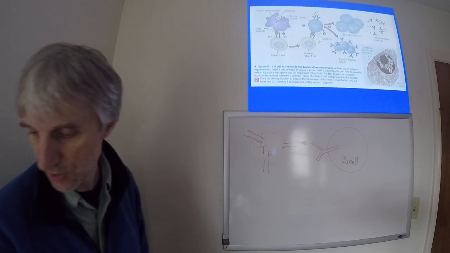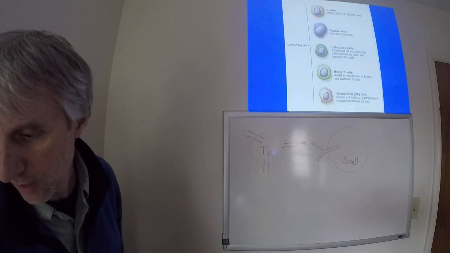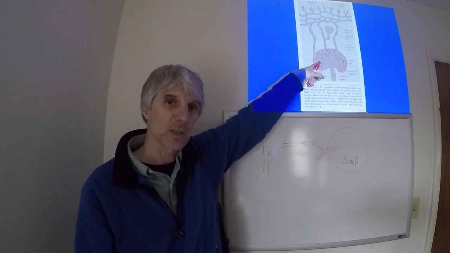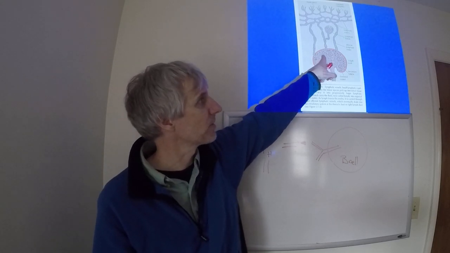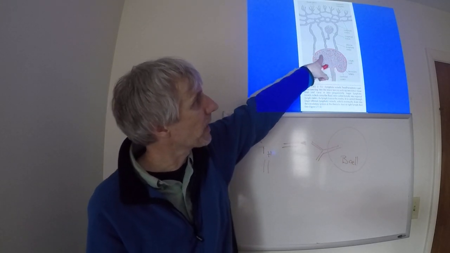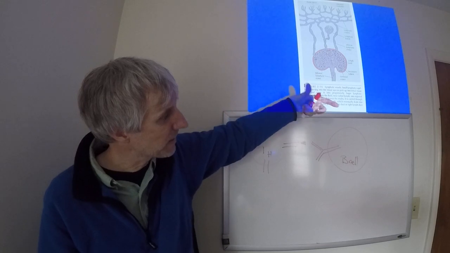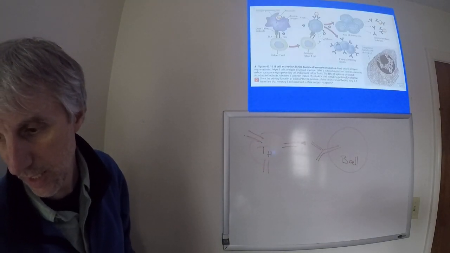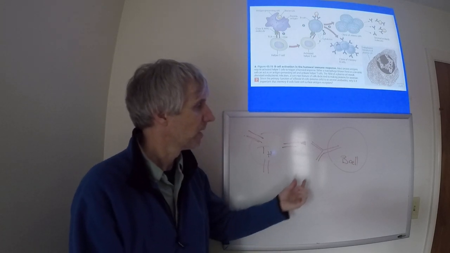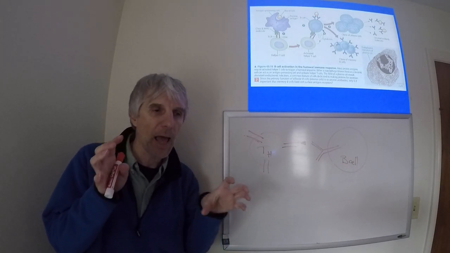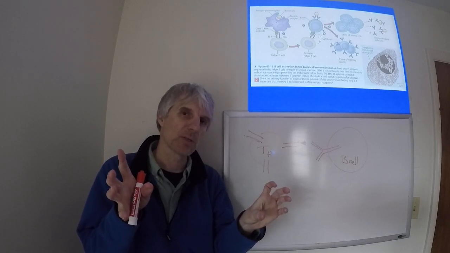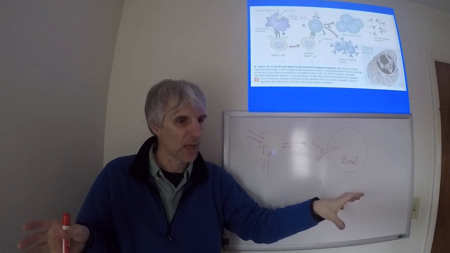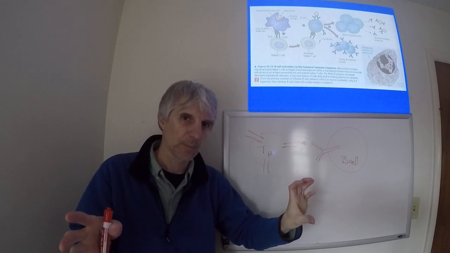Now, one of the places you can do this a lot is here, because this is where the B cells hang out. So the T helper cells are showing their antigen to as many different B cells as they can find. The B cells all have different shaped B cell receptors. That's one of the things we do: make a whole army of B cells that have different shaped receptors.